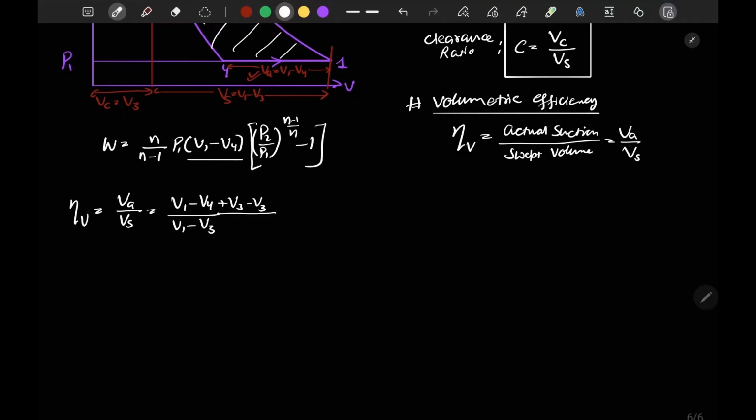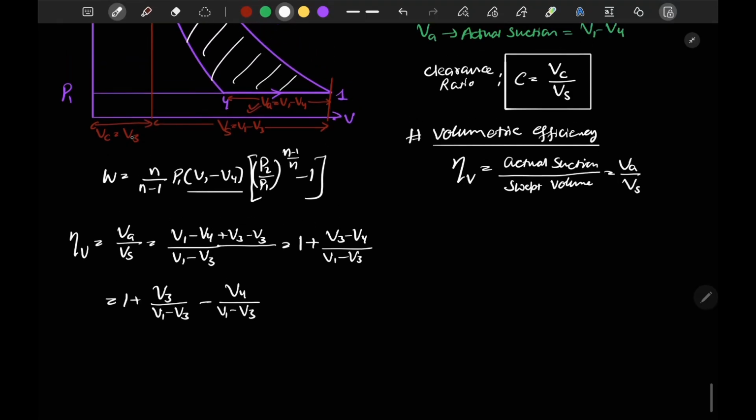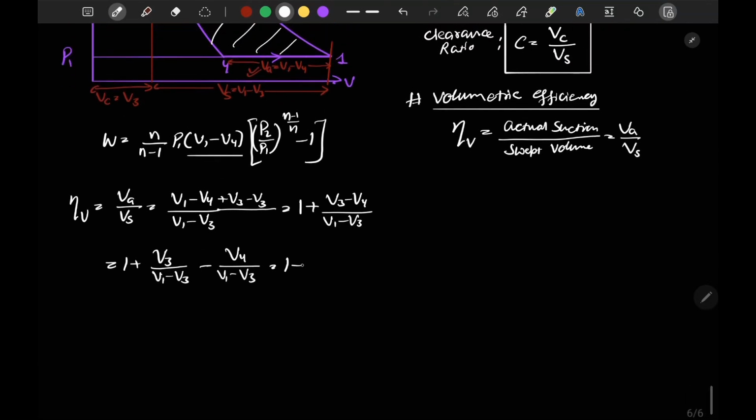So we can write (V1 minus V3) upon (V1 minus V3), that is 1, plus (V3 minus V4) upon (V1 minus V3). Further, this is 1 plus V3 upon (V1 minus V3) minus V4 upon (V1 minus V3). Now this term, V3 upon (V1 minus V3), is Vc upon Vs, that is our C. So we can write it as 1 plus C.